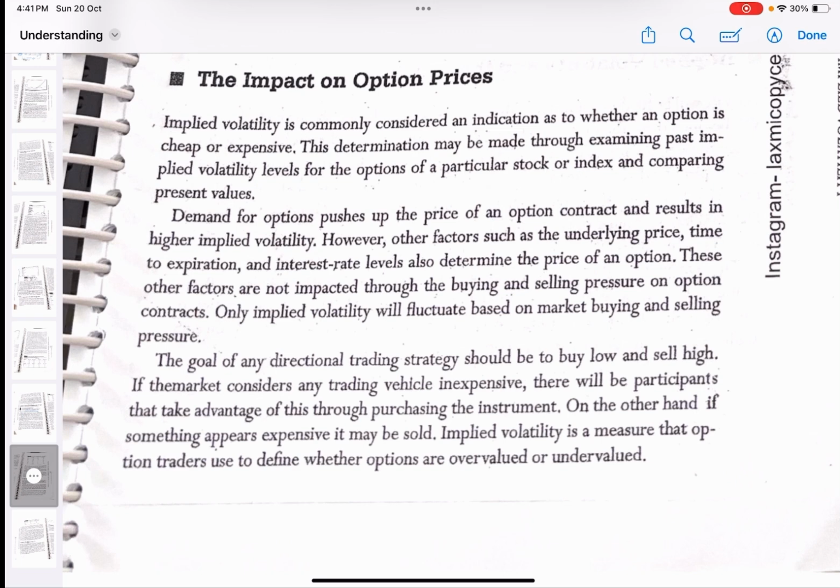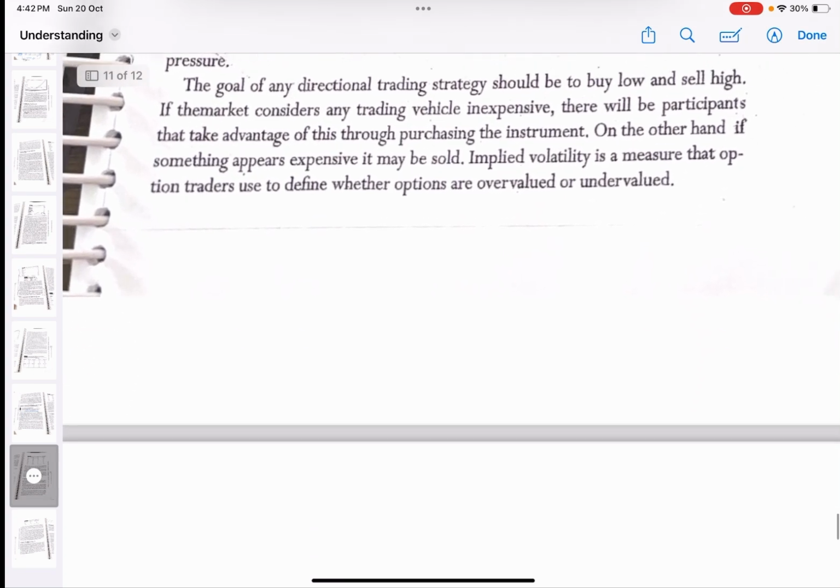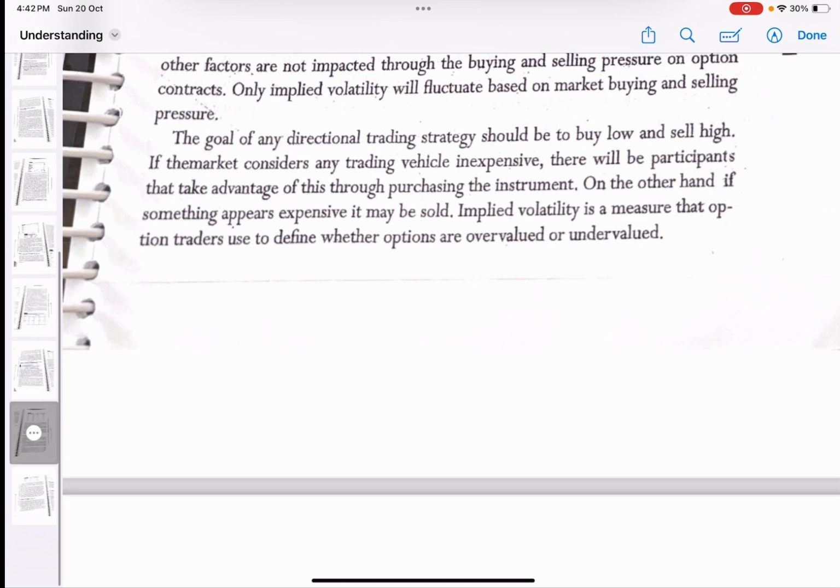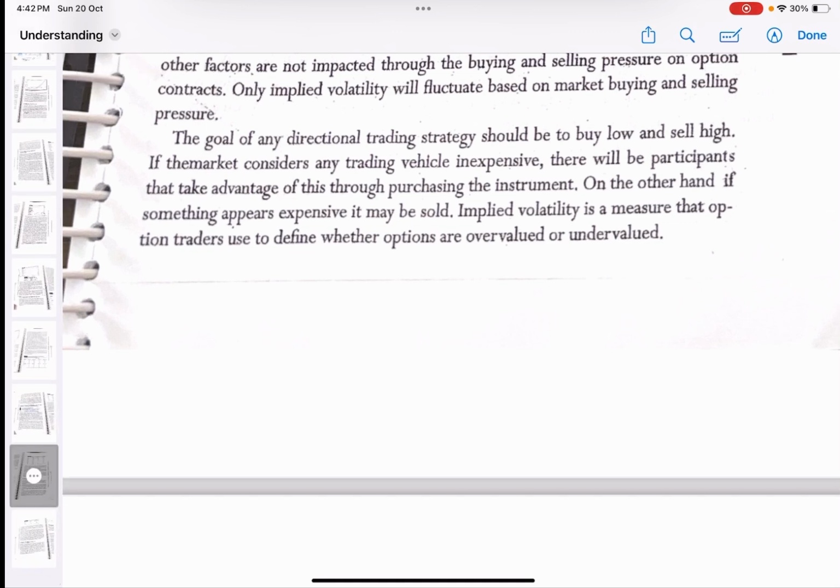However, other factors such as the underlying price, time to expiration, and so on also determine the price of an option. Other factors are not impacted by buying or selling pressures. Only the implied volatility will fluctuate based on market buying and selling pressures. Okay, I read the last 3 pages because there's nothing much to explain since we've already discussed this.